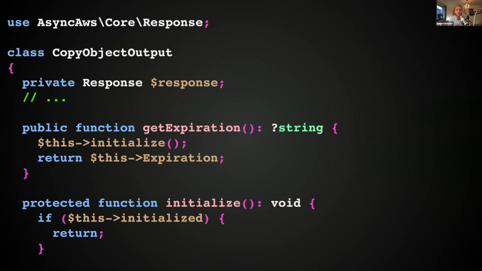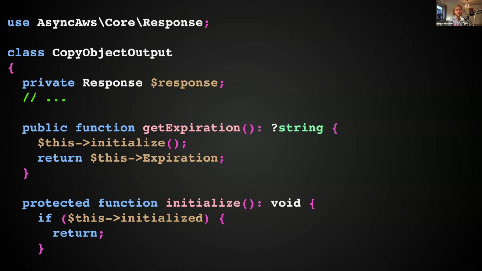The copy object method will return a copy object output. Sometimes these are called output, sometimes result, depending on what service you're using. AWS is super inconsistent between APIs. In S3, they're called outputs. Every output has a list of properties and a list of getters, and all this data is from the HTTP response.